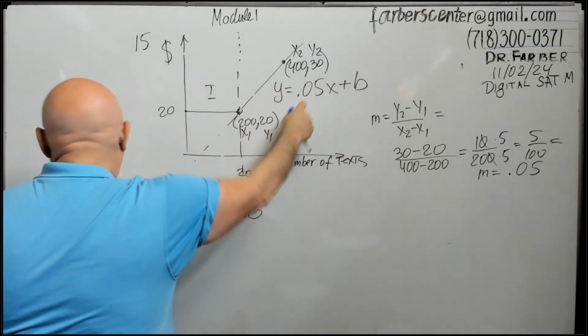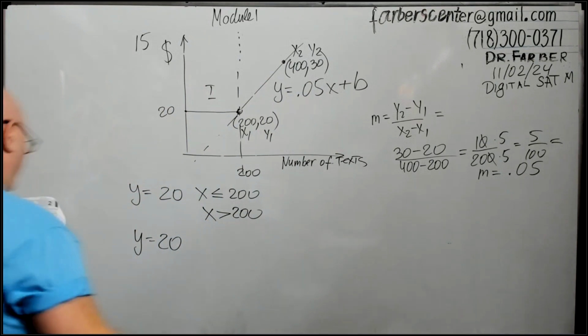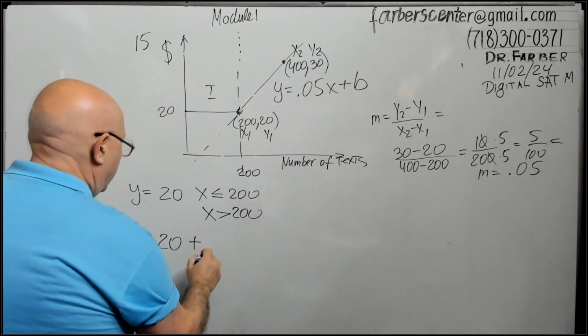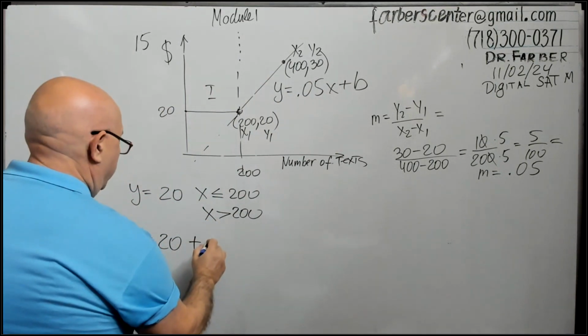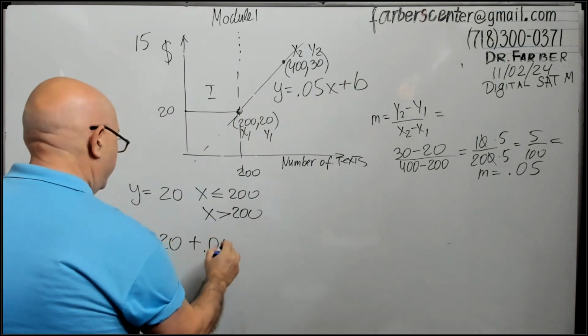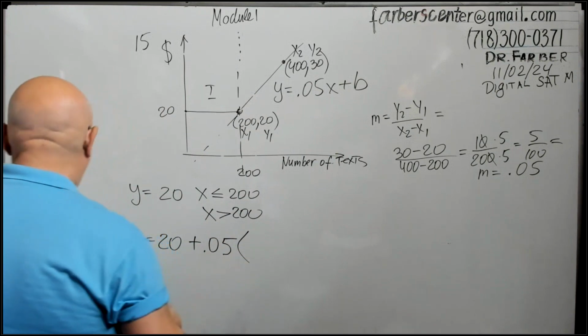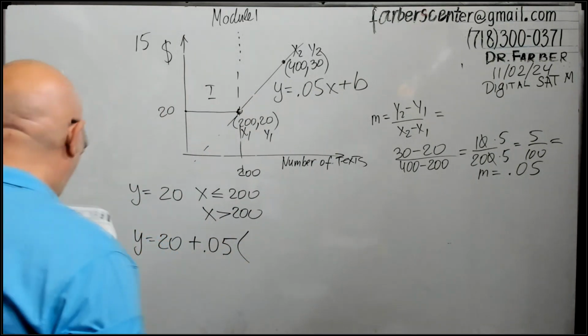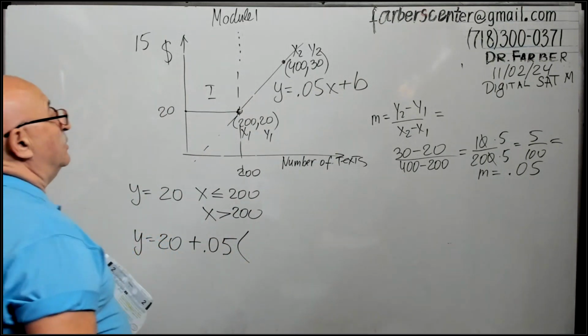After that goes my function, plus our slope we just found, 0.05. But this is not x.